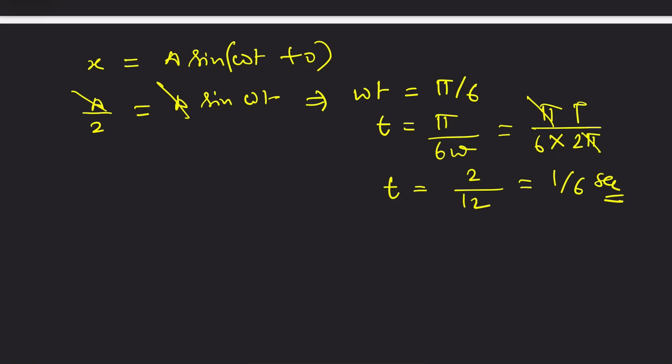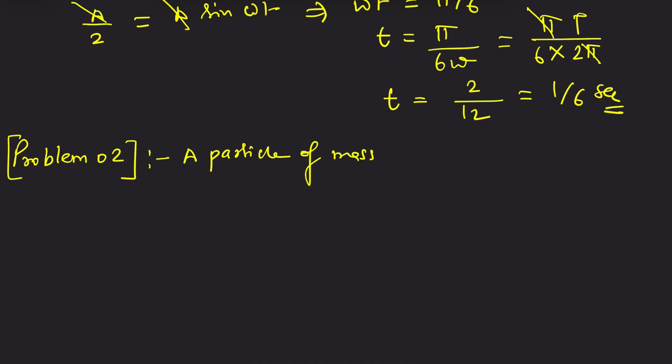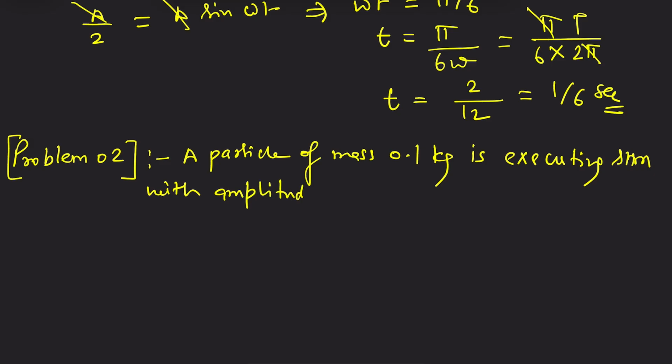The question is, let me write the question again for you. Problem number 2. The question says like this: a particle of mass 0.1 kg is executing SHM with amplitude of 10 centimeter.